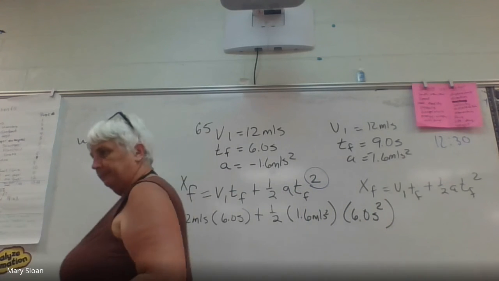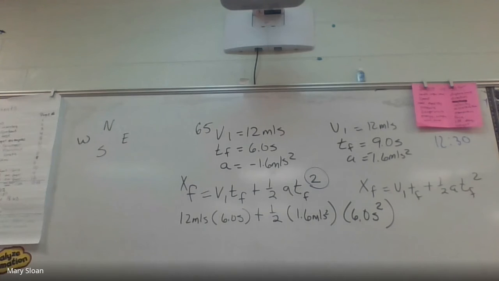Are y'all ready? 12, open bracket, 6.0, close bracket, plus sign, alpha Y enter, 1/2, move my arrow over, open bracket, 1.6, close my bracket, open bracket, 6.0, caret 2, close bracket.